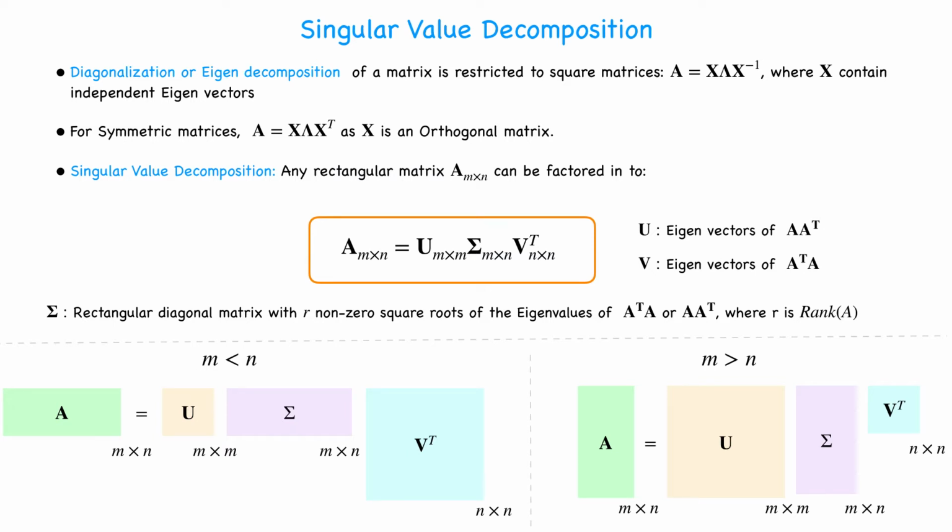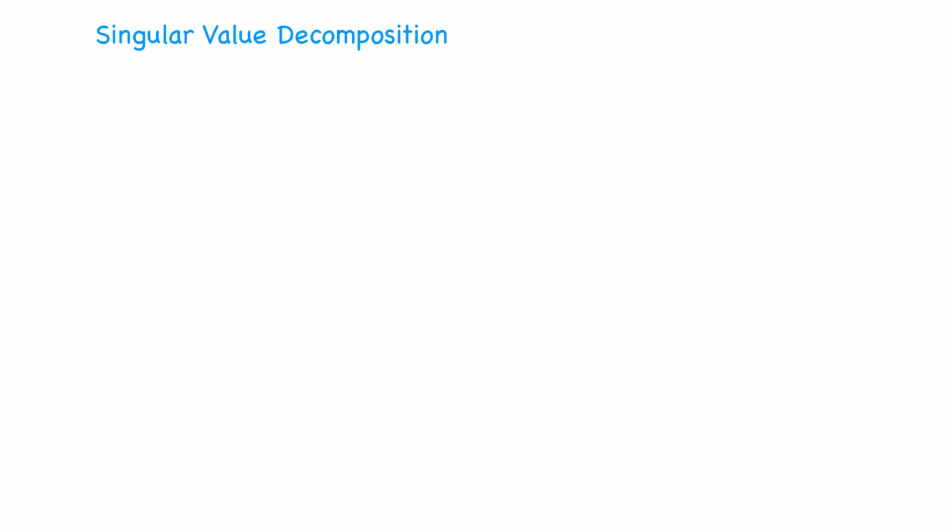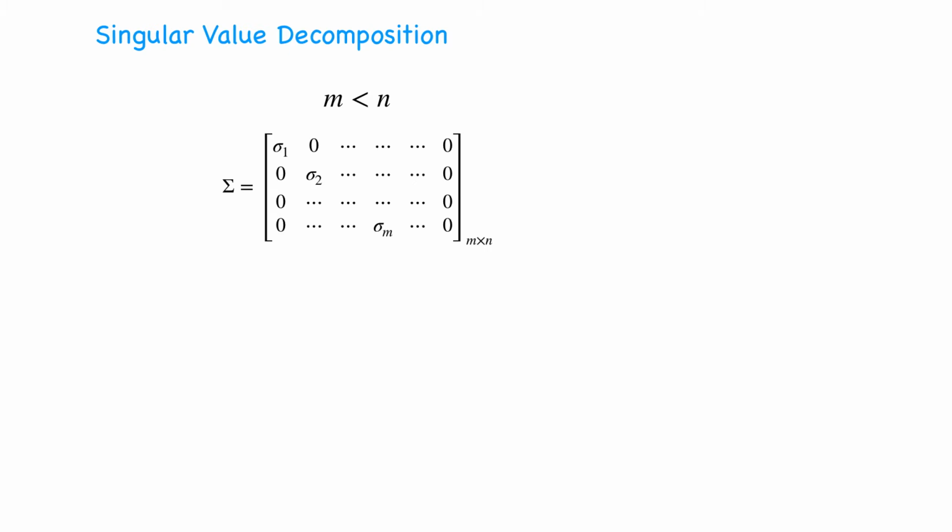Let us see more details about sigma and where this SVD is being used. When m is less than n, the matrix sigma occupies the m diagonal elements, and the rest of the values are all zeros. There are a number of columns which contain only zero vectors, because n is greater than m.